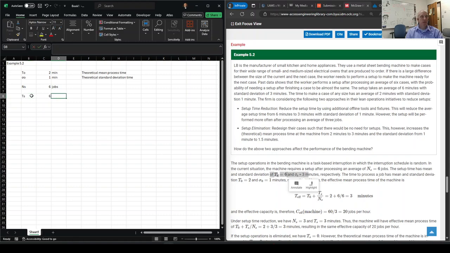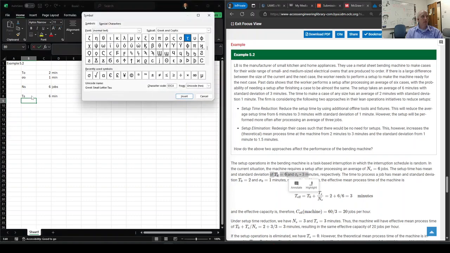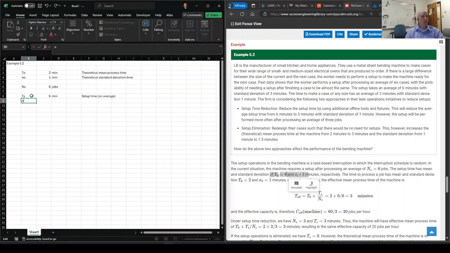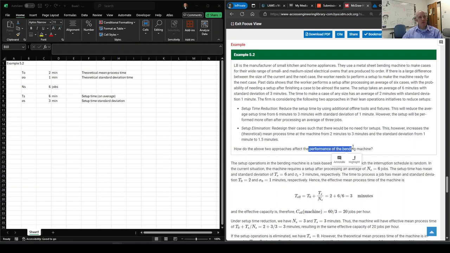Here's our setup time, 6 minutes, and the setup time's standard deviation is 3 minutes. And so we're looking at performance for each of these two approaches.